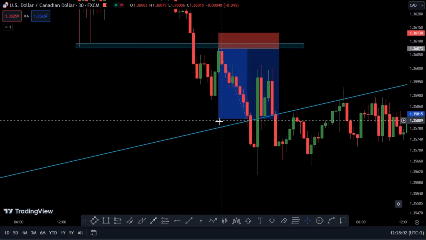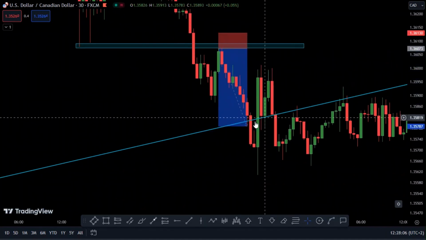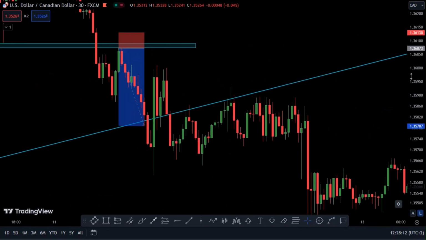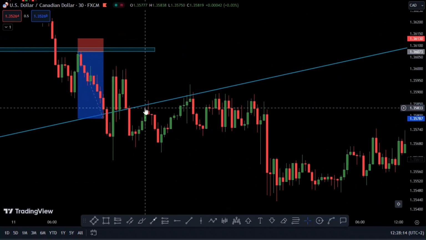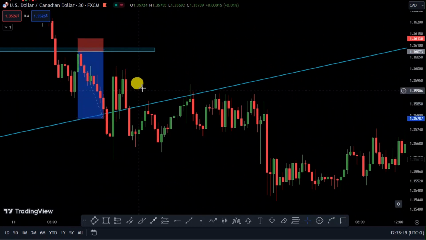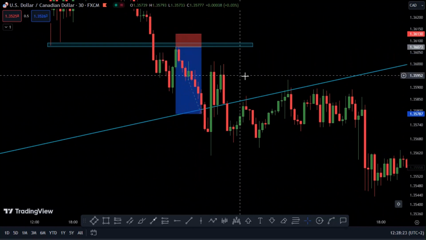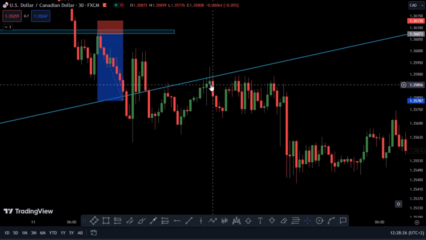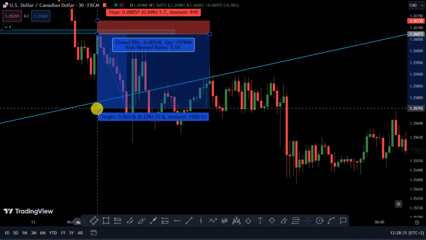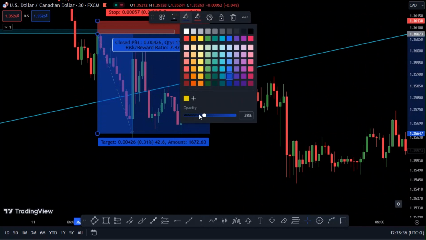At that time I was hoping to hold up until this far, but I don't remember what happened that day. I was kind of busy maybe, so I couldn't manually close this trade. I think I found this trade somewhere here when I returned.